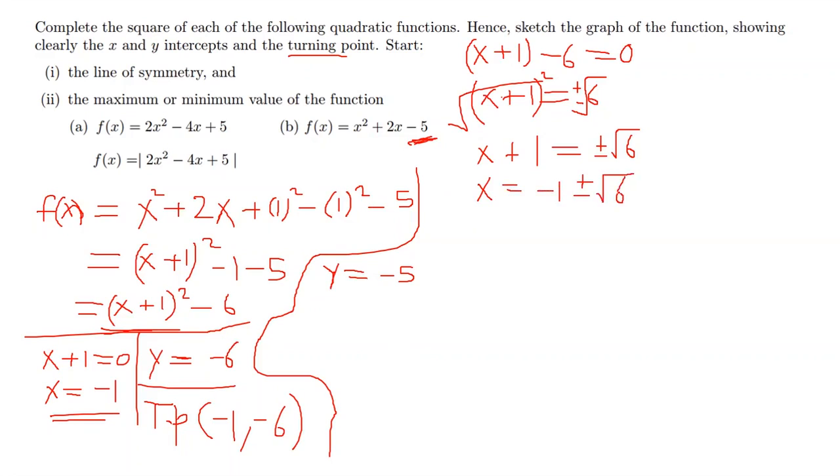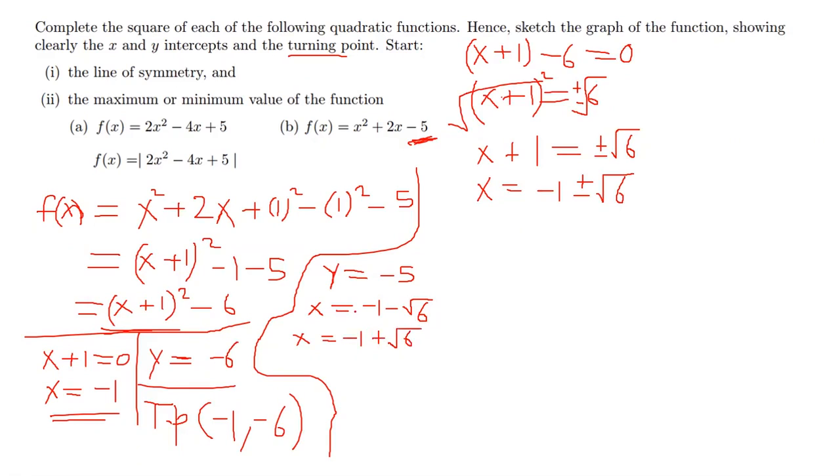Now, how do you sketch such a, what's this, a point on a graph? Or in other words, let me say this: the x-intercepts. Let me make this point clear. The x-intercepts will now be equal to, our first point will be x being equal to -1 minus the root of 6. This is a number. And then our other value of x will just be equal to -1 plus the root of 6.